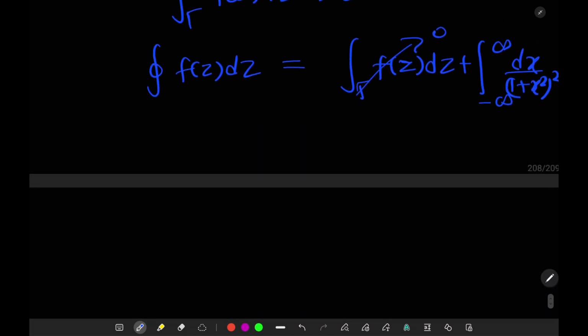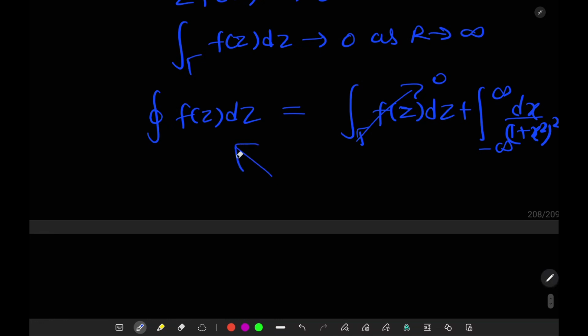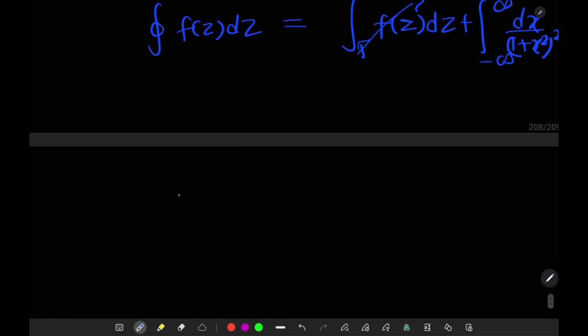Now we need to find the value of this integral. So using the residue theorem, 2 pi i times the residue at z equals to iota.